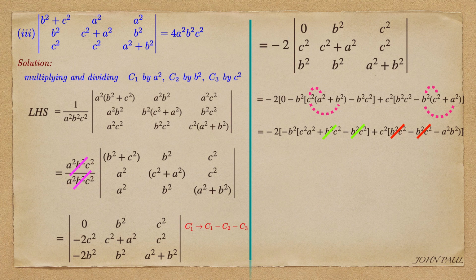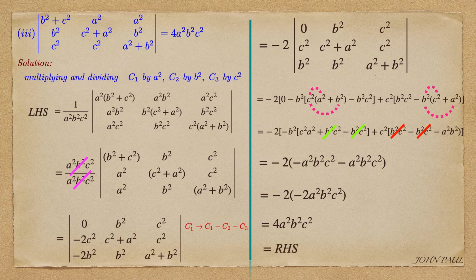Now multiply minus b square and c square inside the bracket. By grouping, we get minus 2 into a square b square c square. Multiply this: minus into minus is plus, 4a square b square c square. This is our right hand side. This is what we have to prove.